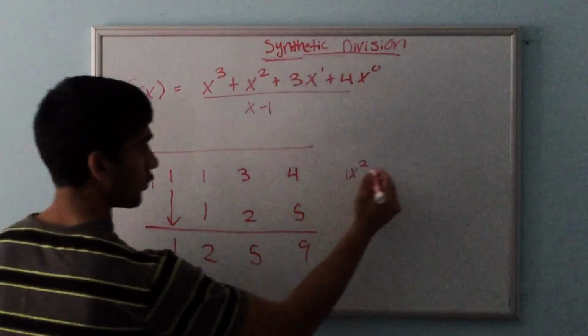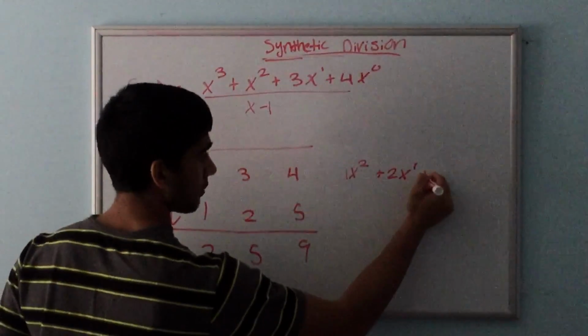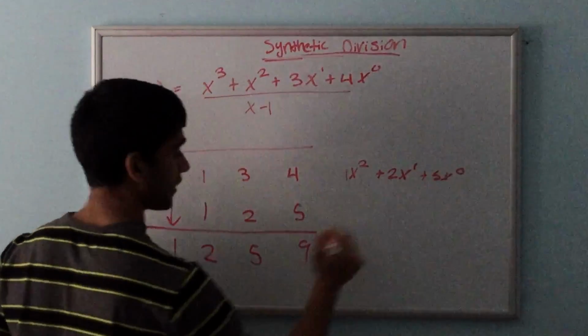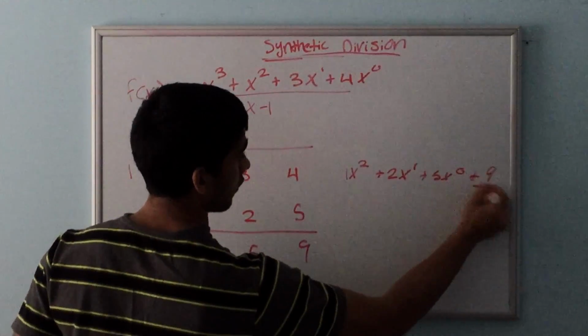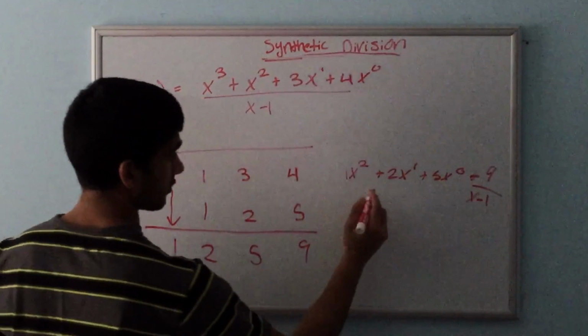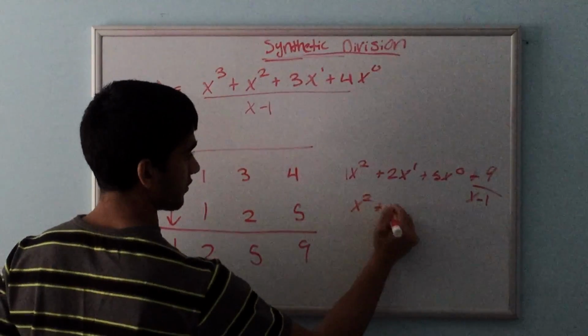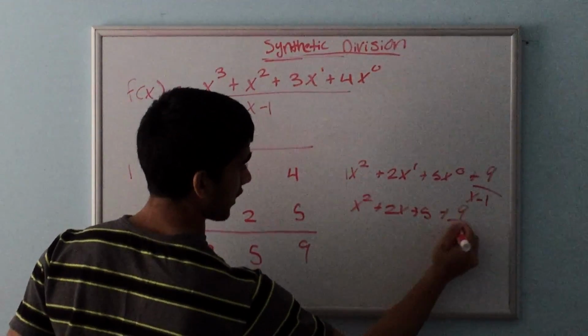So the 2 would be plus 2x to the first, the 5 would be plus 5x to the 0, and the 9 would be a remainder, so remember it's plus 9 over what you're dividing by, x minus 1. This equals x squared plus 2x plus 5 plus 9 over x minus 1.